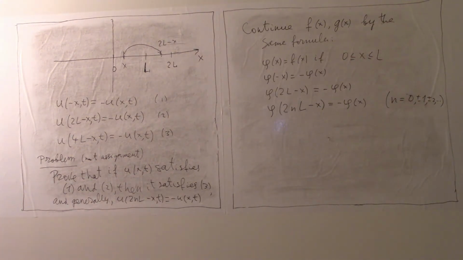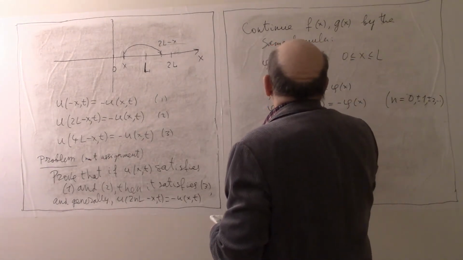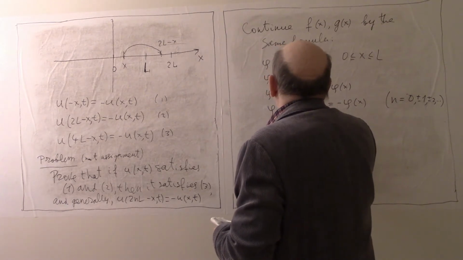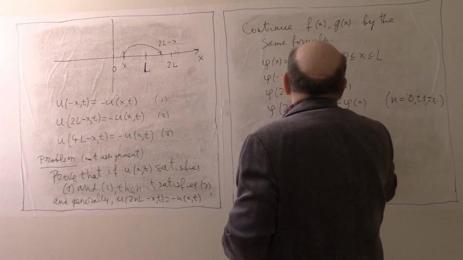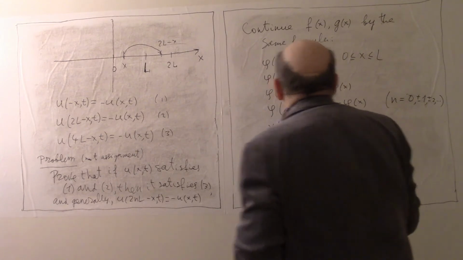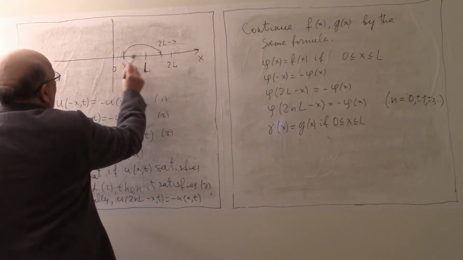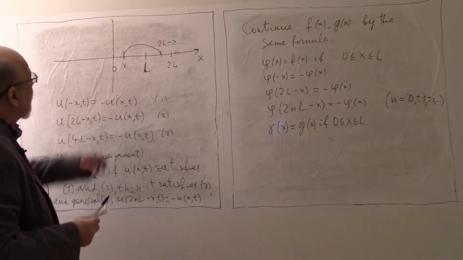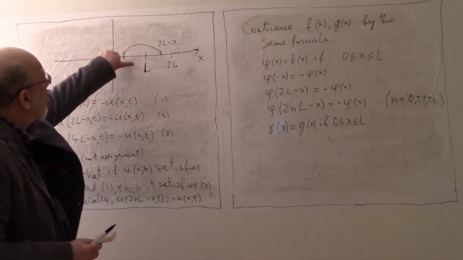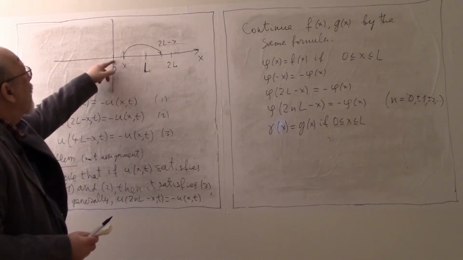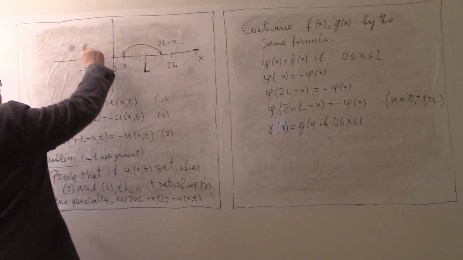So the function phi, and the same for the function gamma, gamma of x equals g of x if x is between 0 and L. So we first define the function on this interval from 0 to L, and then using equality 1, we continue it in the odd way on the interval from minus L to 0. Yes, just flip it here.